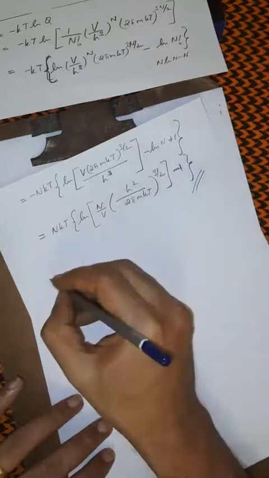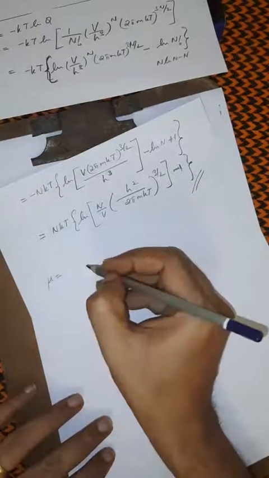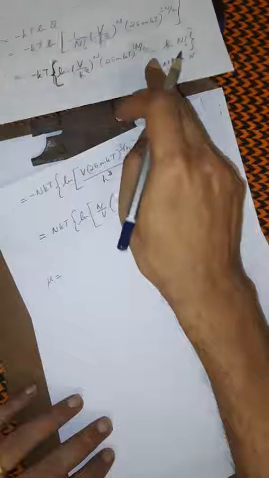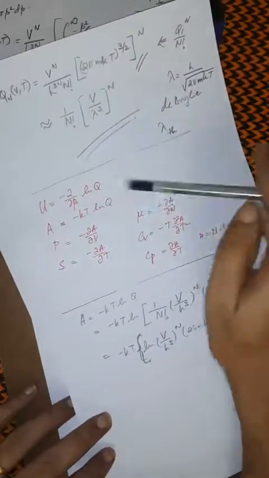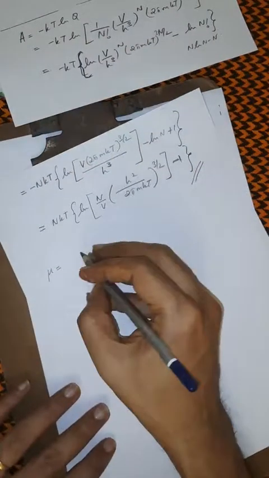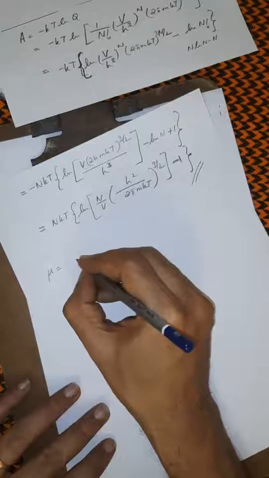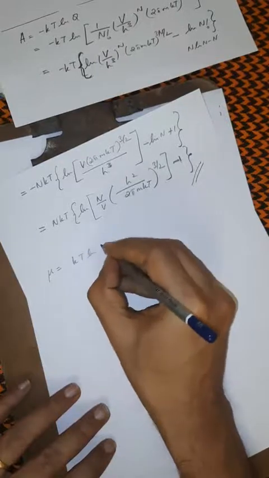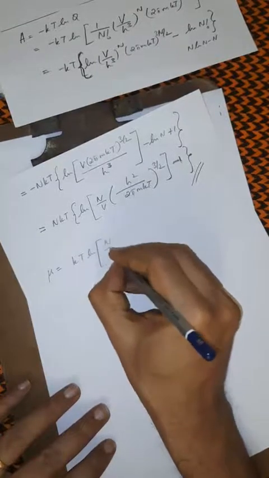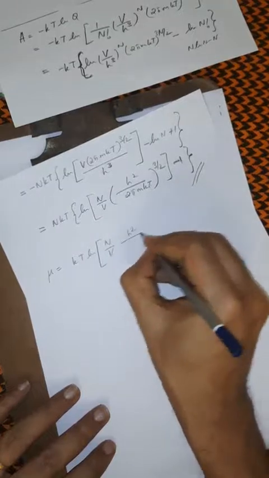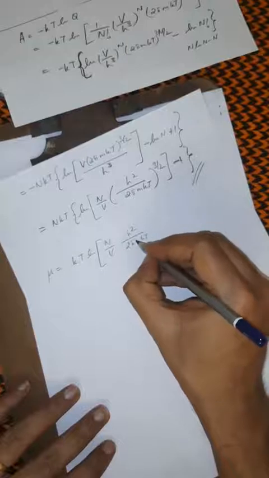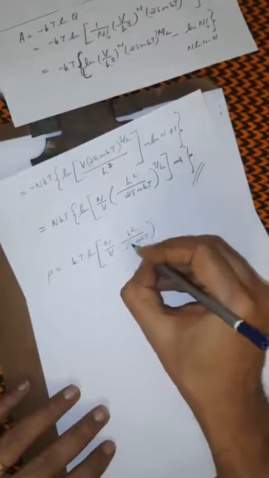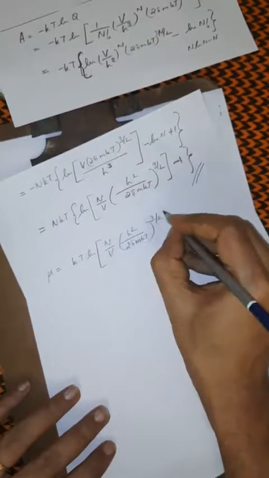Now let me write down some of the final expressions which you should be getting when you are using this set of equations for the kind of partition function we evaluated. So mu is equal to kT ln of n by V, h squared by 2 pi mkT raised to 3 by 2.